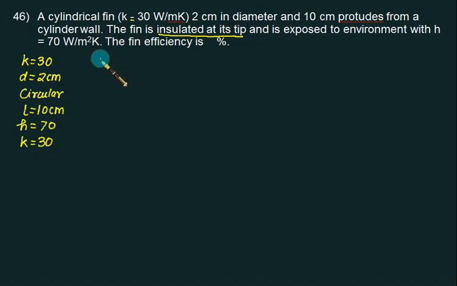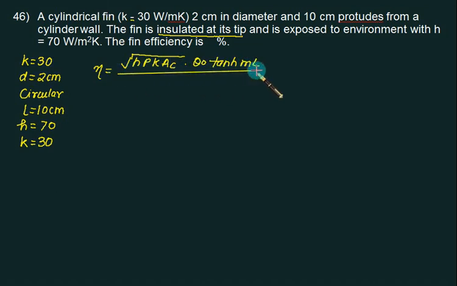So recall that efficiency is given as the heat transfer with fin divided by the maximum possible. So it is the square root of h P k A_c into theta 0 into tanh of mL, and for maximum heat transfer we have surface area A_s into h into theta 0. So cancel theta 0 and theta 0.